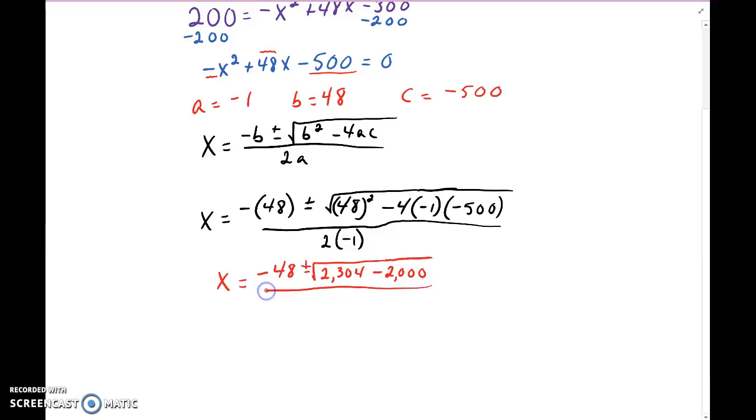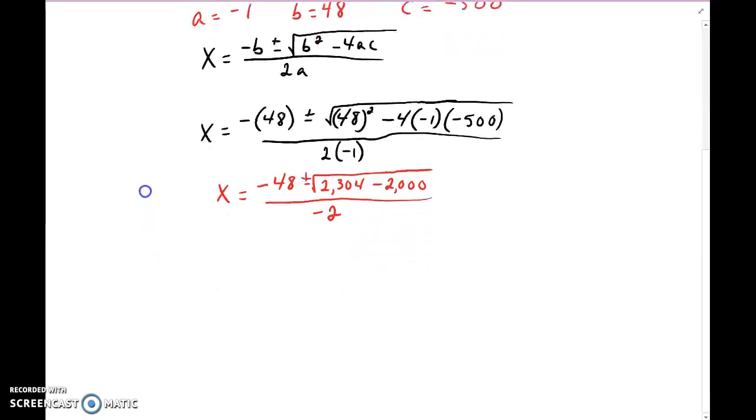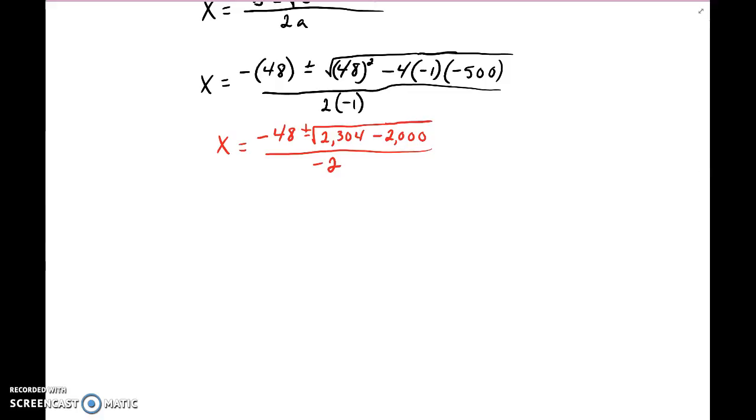And all over top of 2 times negative 1 will give me negative 2. All right, and then we just go ahead and keep simplifying. So now we have X is equal to negative 48 plus or minus the square root. Well, 2,304 minus 2,000 is 304. All over top of negative 2.